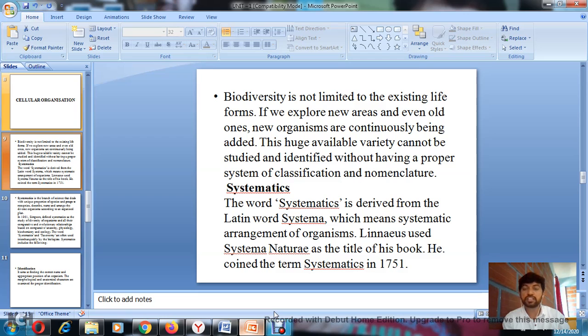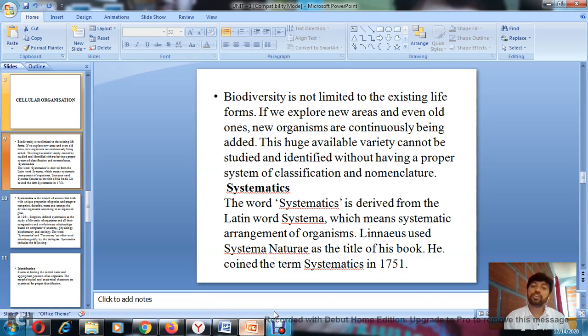Like whether this organism belongs to which kingdom, then if it is a plant, which class, then which family, which genus, and then which species, right? For that we call it systematics, the arrangement of organisms in a schematic, systematic way, right?